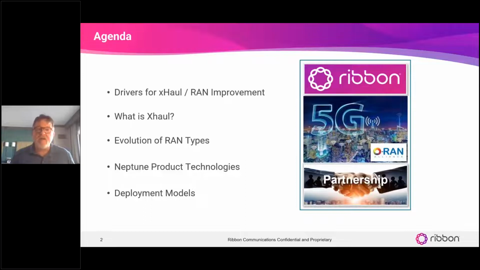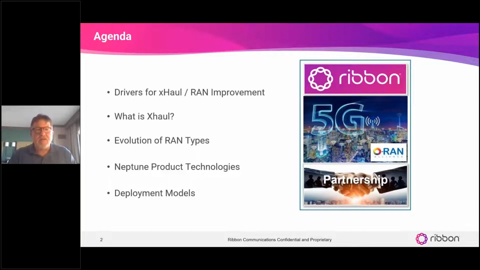Then we're going to talk about what is xHaul, right? This is a term that's thrown around a lot. A lot of you may already know what that term means, but my strategy here, or the way I like to do things, is to start from the ground up and just start with definition of terms and acronyms. Then we're going to talk about the different RAN types that are out there today and where we're going.